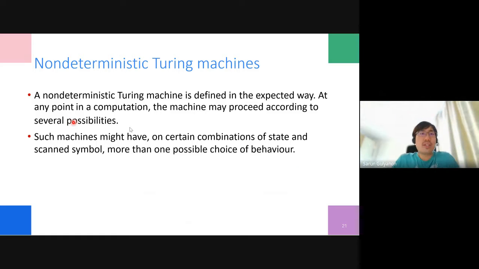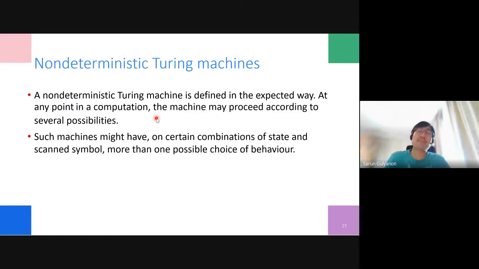So this is the second variation of the Turing machine that we will look at. So far we have been looking at the deterministic Turing machine, which means that at every step we have a transition function which gives us only one possible outcome for each step.